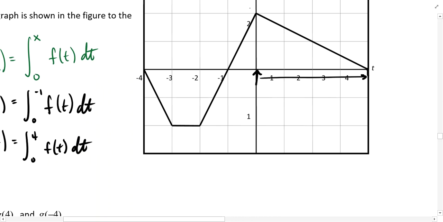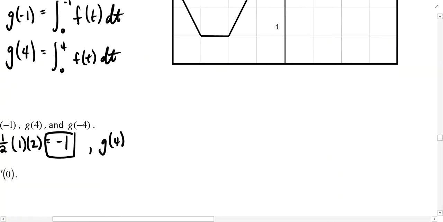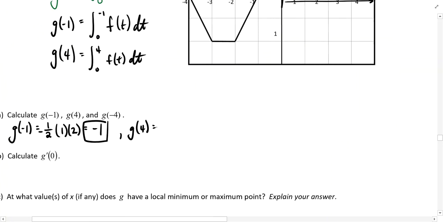My apologies for that. But that is talking about this triangle over here when we go from 0 to 4 on the t-axis. And so g of 4 would then be 1/2 times the base times the height. And this area is going to calculate as positive because we are accumulating change from left to right. And it appears that this area comes out to be 4.